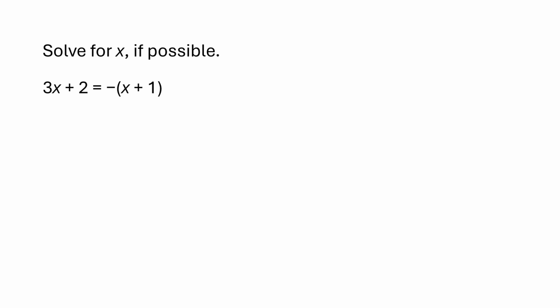What happens if we have a negative in front of a set of parentheses? This is a little thing that some students struggle with, others have no problem. The negative in front of the parentheses can be thought of as a -1 times the parentheses. So this is 3x plus 2 equals negative quantity x plus 1.